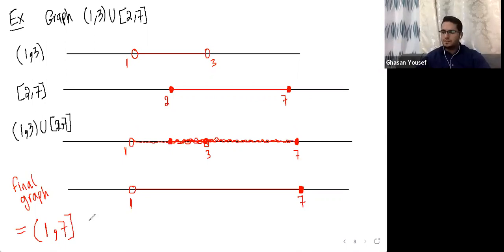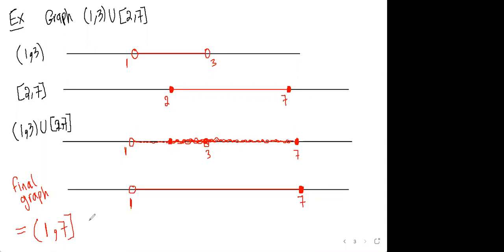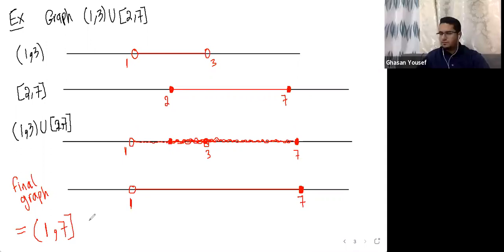Any question? What does the U mean, in the middle of it? Union: all elements in the first interval or in the second interval or in both of them. Here we have to put both of them. So you have to graph the first one. This is the graph for the first interval from 1 to 3, open at 3.